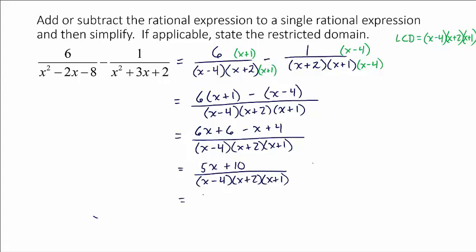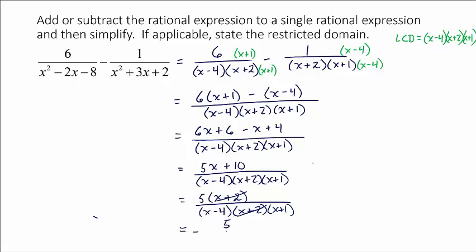The only other thing I can see to do is to factor a 5 out in the numerator. So I'll have 5 times the quantity x plus 2 all over x minus 4 times x plus 2 times x plus 1. Okay, and of course I can cancel out an x plus 2.